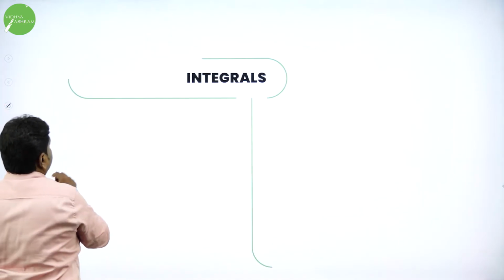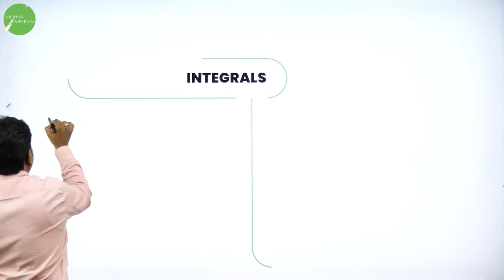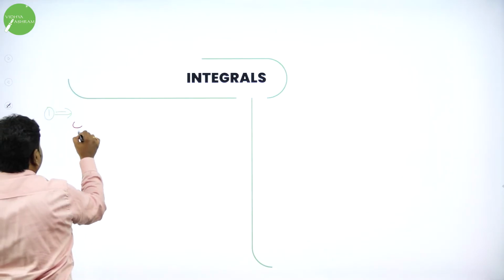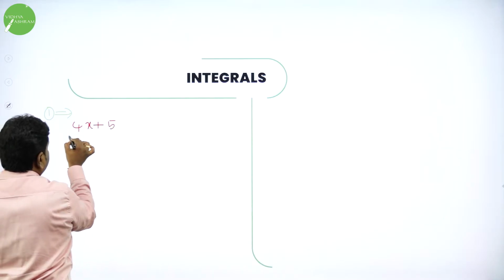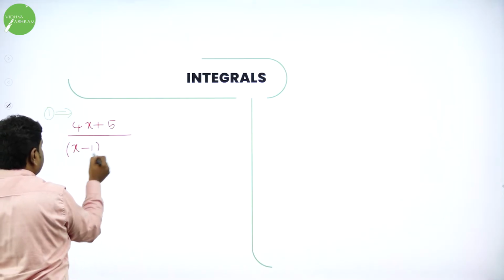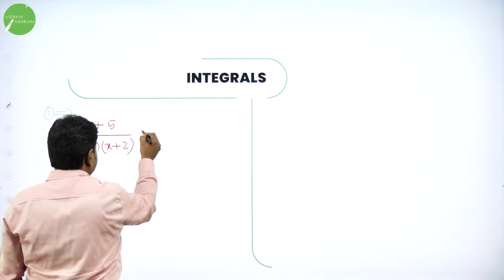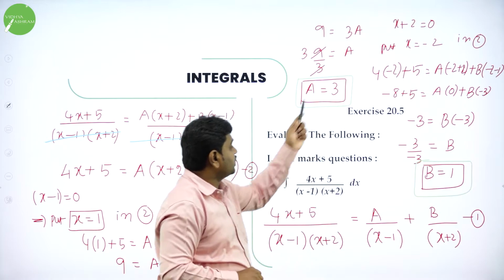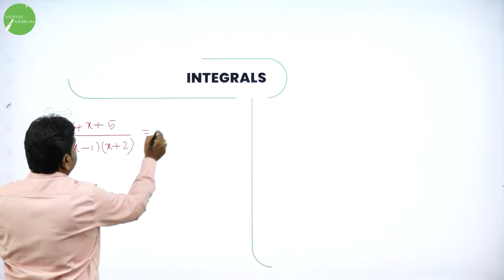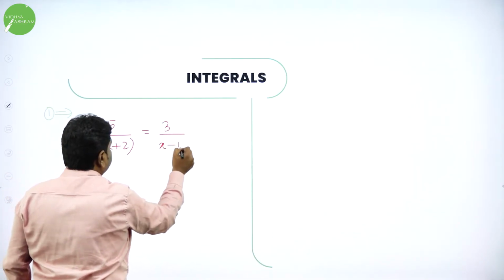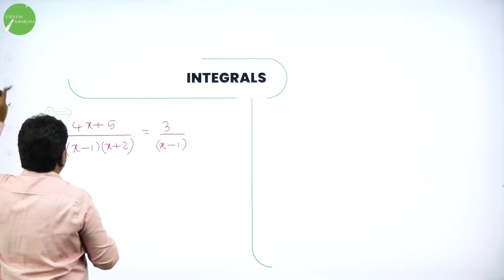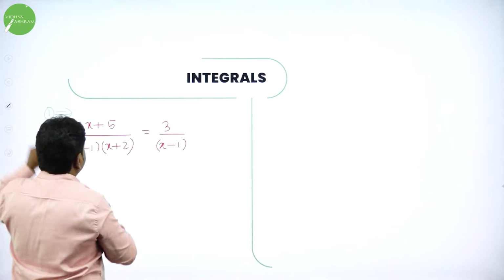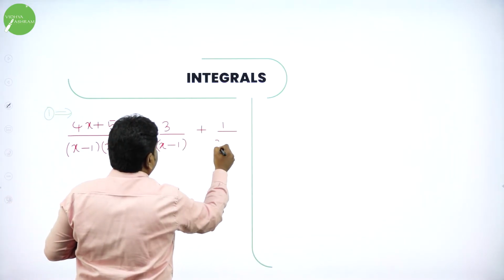So what was equation 1? 4x plus 5 divided by x minus 1 into x plus 2 is equal to a by x minus 1, what is a? 3 by x minus 1, plus b by x plus 2, what is b? 1 by x plus 2.